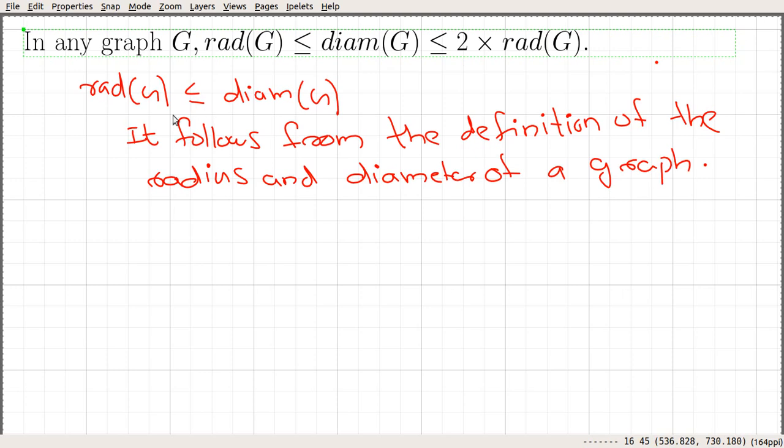Okay, so this inequality is straightforward. It directly follows from the definition of the radius and diameter.